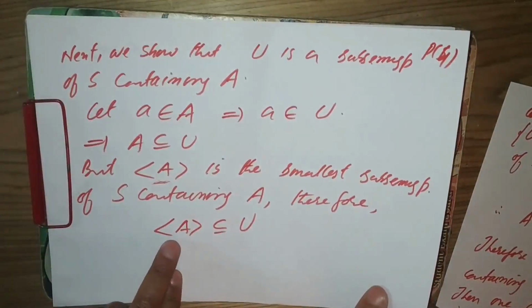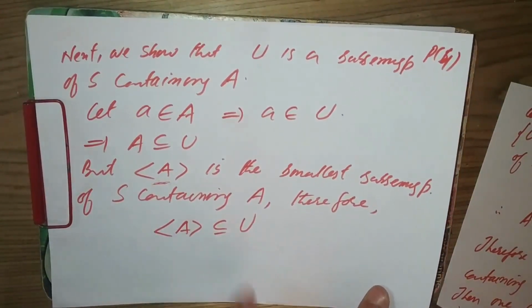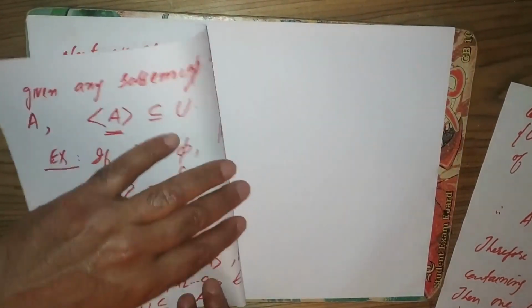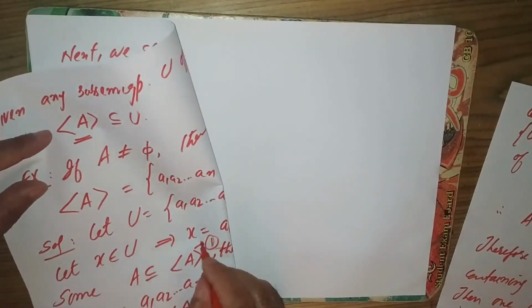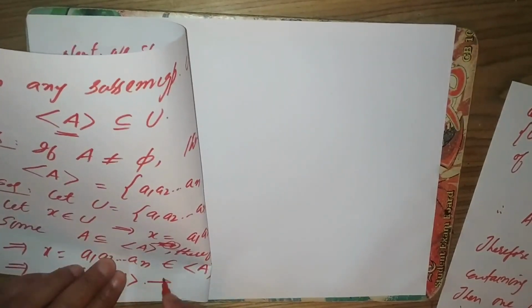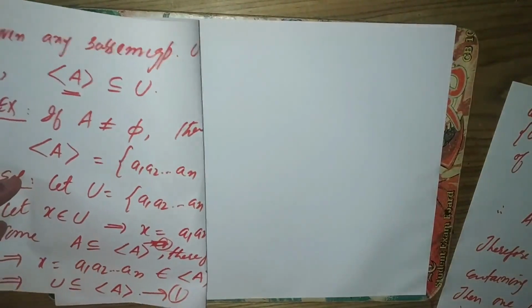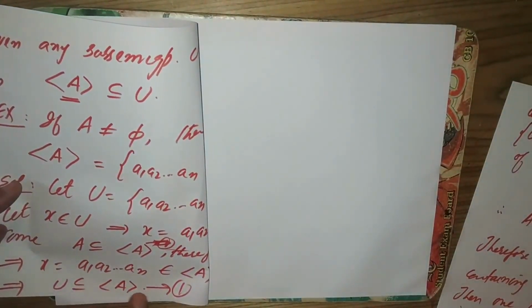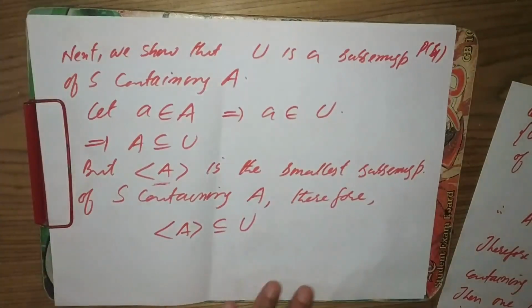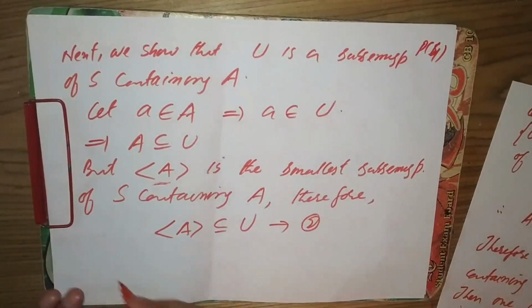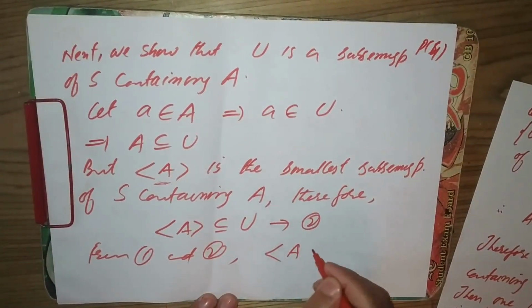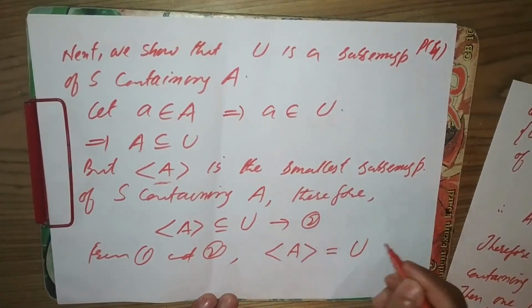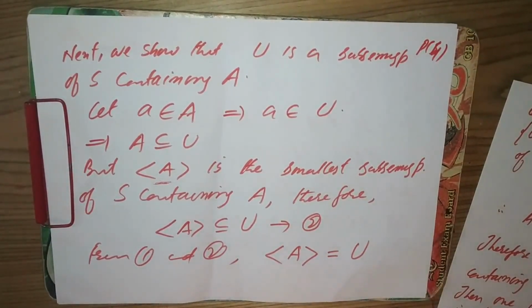And here we have shown that the smallest subsemigroup of S containing A is a subset of U. Let's name the first inclusion first, U is a subset of this, and name this inclusion as second. So from first and second, we conclude that the smallest subsemigroup of S containing A is equal to U, which is the finite products of the elements of A. So that proves this exercise.